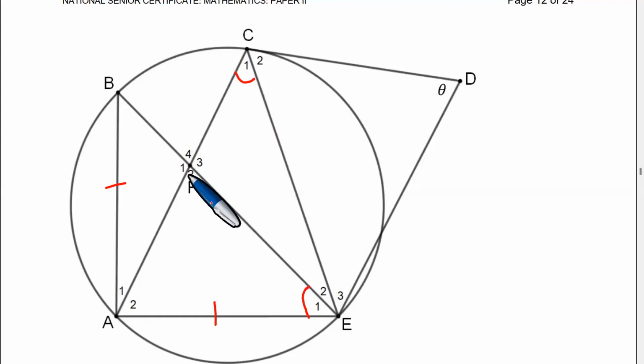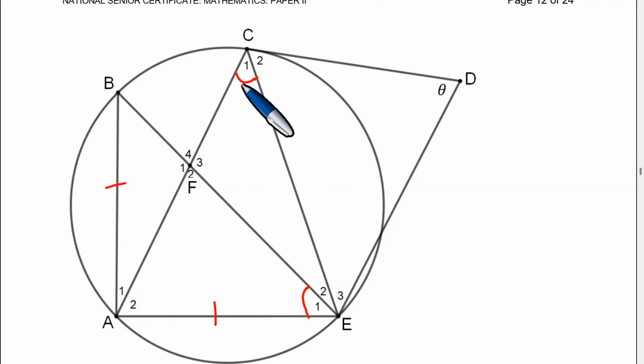So we just have to prove that angle E1 is equal to angle C1, then we are done. We've proved that. Basically, that is what is required in this question. But what do we know about angle E1?